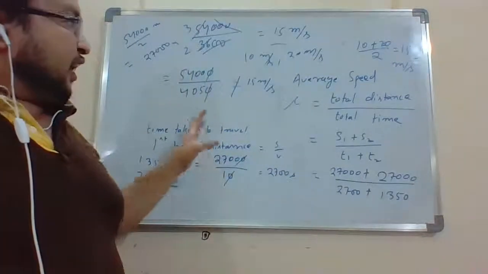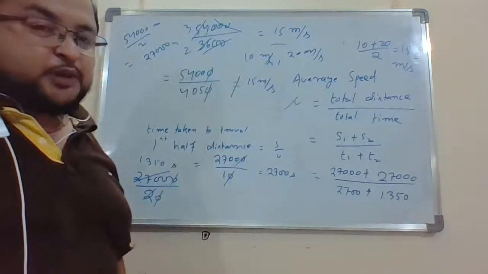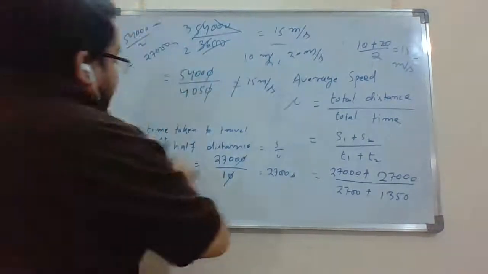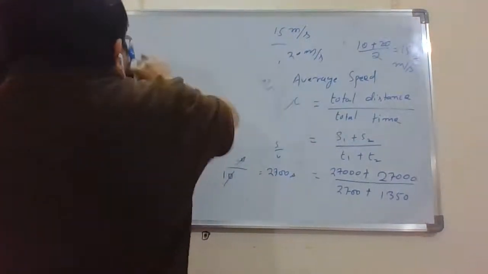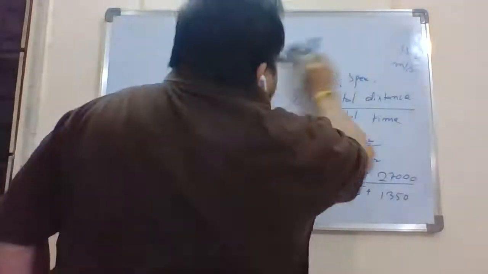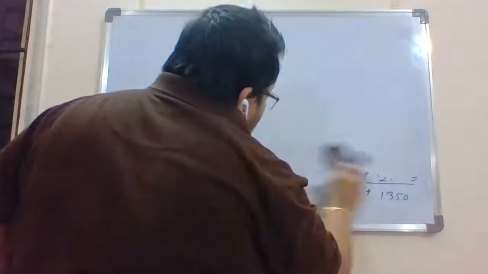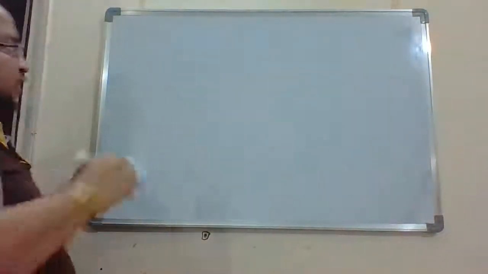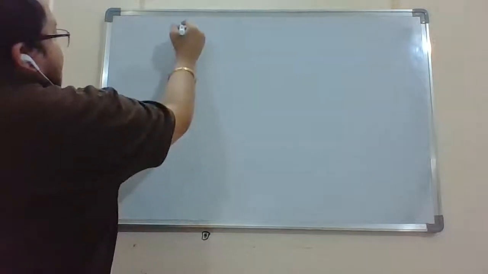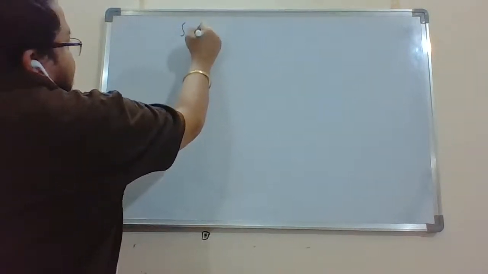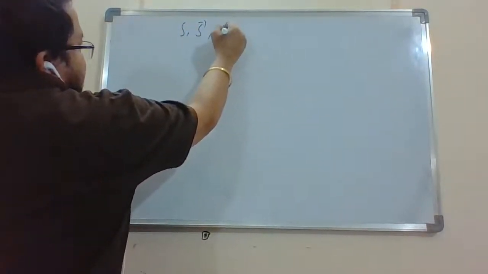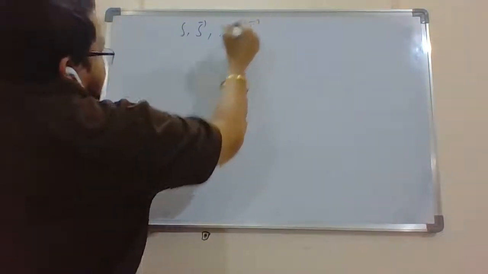So I think with these two practice problems, let's move on to the next part. We had seen four physical quantities so far: distance, displacement, speed, and velocity.